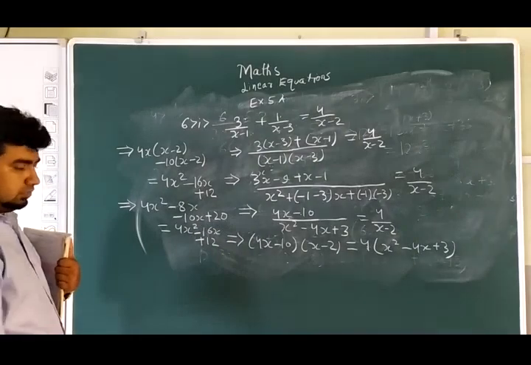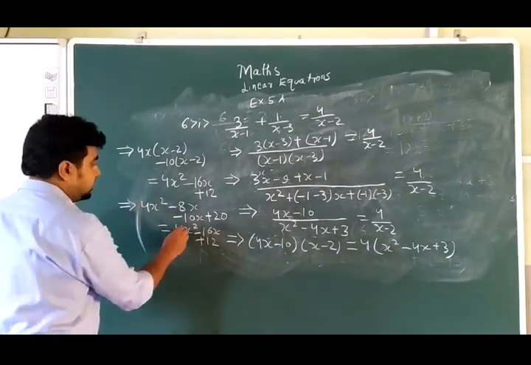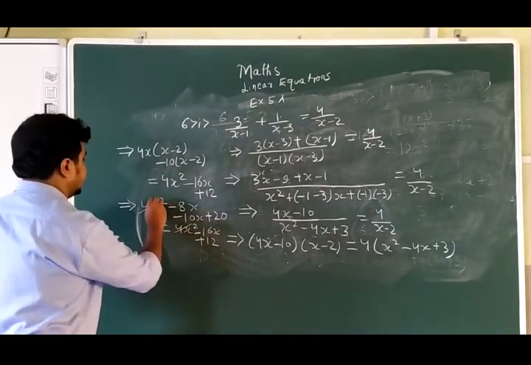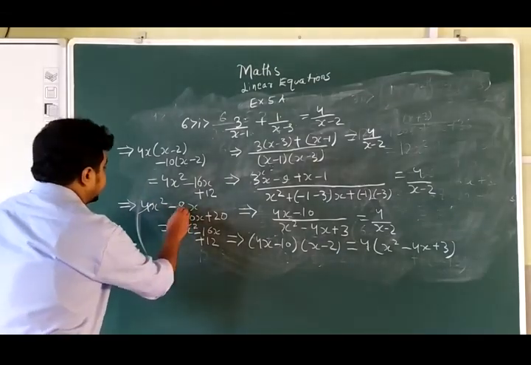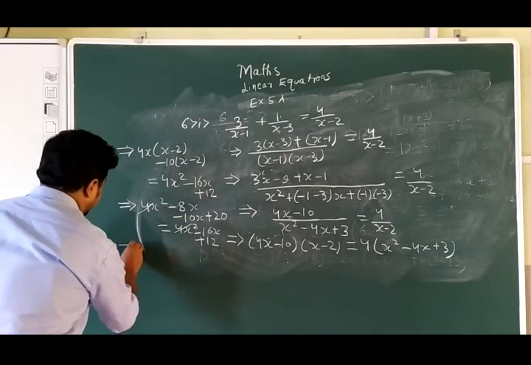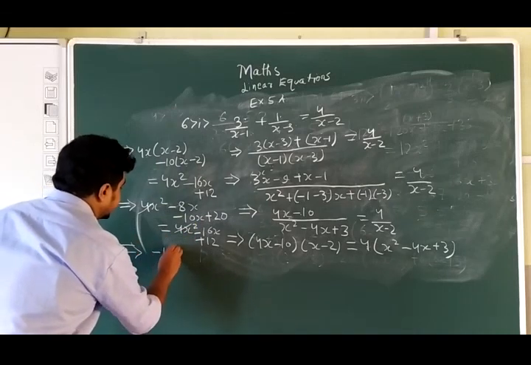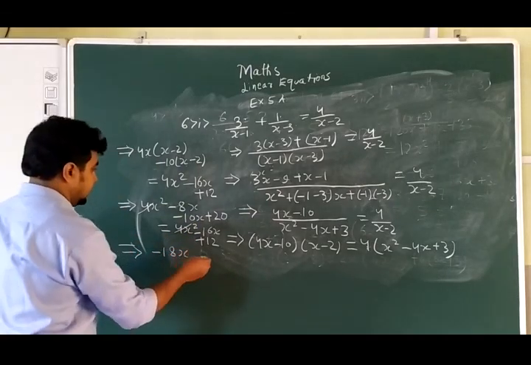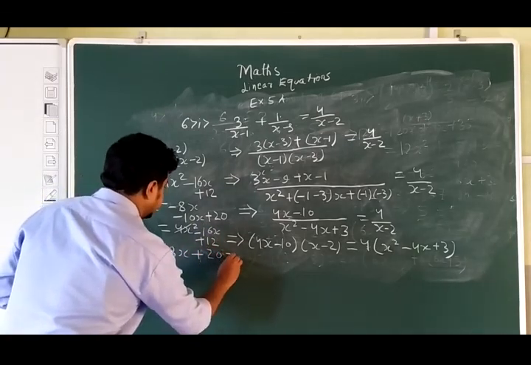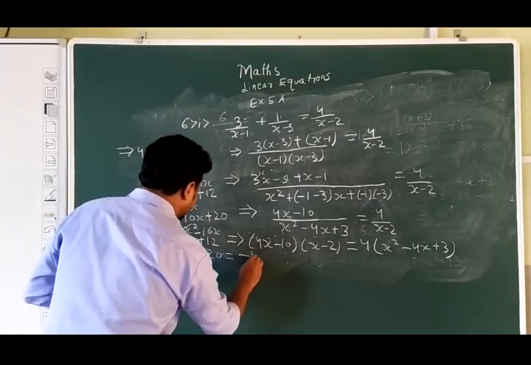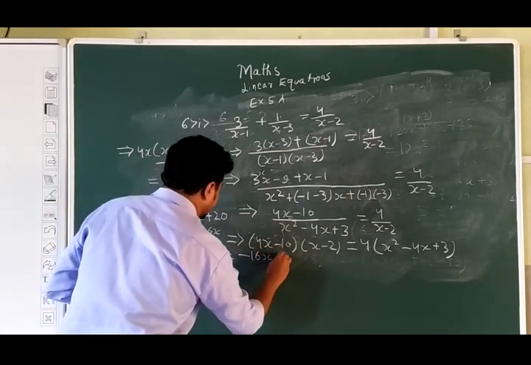The same term is there, you see that plus sign. Sign of both the terms is same, so they can cancel directly: 4x square and 4x square. Minus 8x and minus 10x make minus 18x. It will become minus 18x plus 20 is equal to minus 16x plus 12.